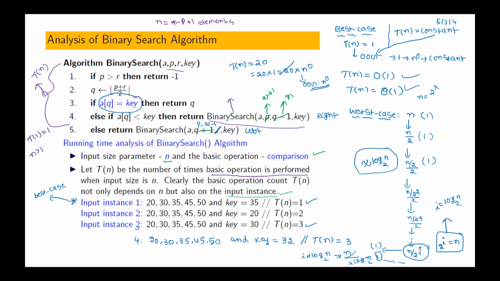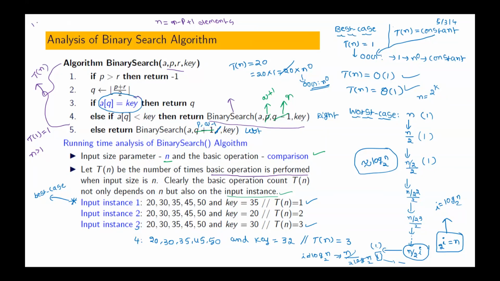N by 2 minus 1, sir. You can take one example. If you consider five elements, left side is 2 elements and the mid element is 3.